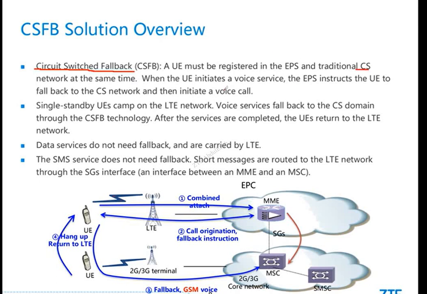When the UE initiates the voice service, the EPS, meaning the LTE core network, will instruct the UE to fall back to the CS network. The CS network is the 2G and 3G network. After initiating the voice call, and after the call, the UE can go back to the LTE network.